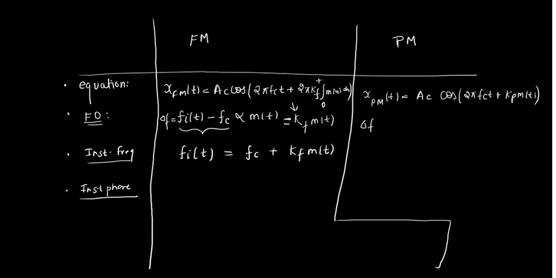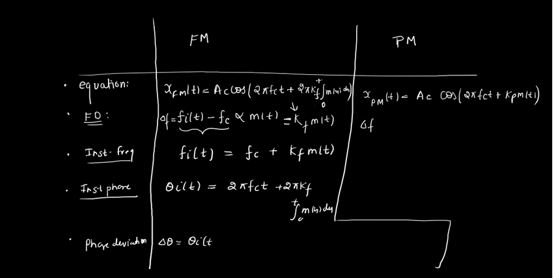So, what would be the instantaneous phase of the FM signal? We can directly see this is the instantaneous phase, right? Instantaneous phase is 2 pi fc t plus 2 pi Kf integral m(t). So, what is the phase deviation? Phase deviation for the FM signal is the instantaneous phase minus the phase of the carrier, right?